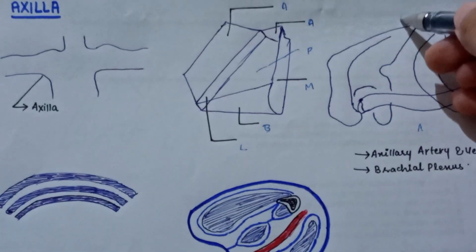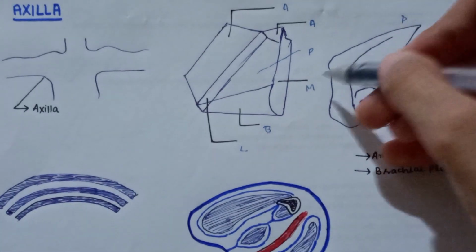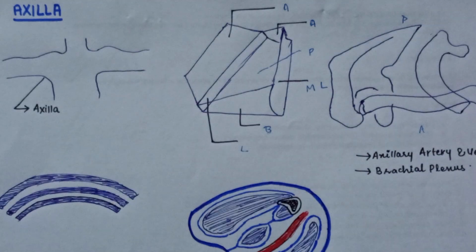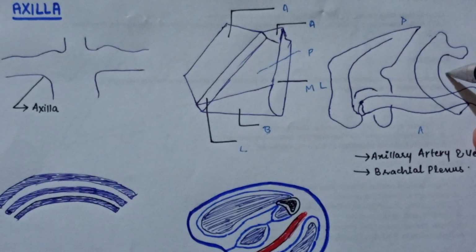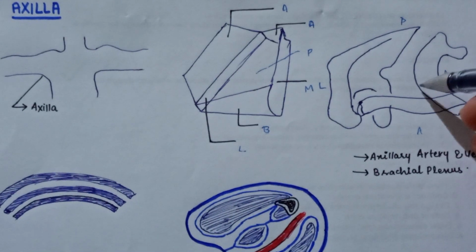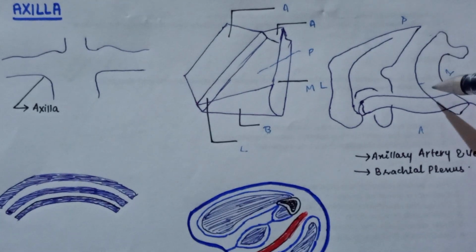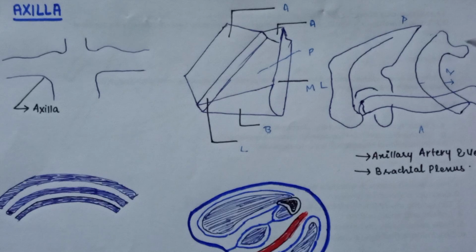This is posterior, and if this is medial, then obviously this will be lateral side. Now first discuss the medial boundary. This is your first rib, and if this is the inner border, then this will be the outer border. So medially, it is bounded by the outer border of first rib.